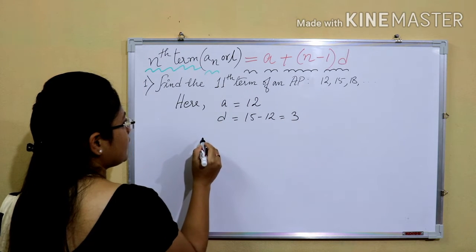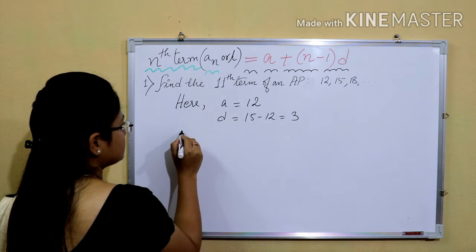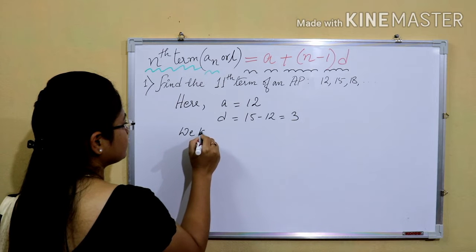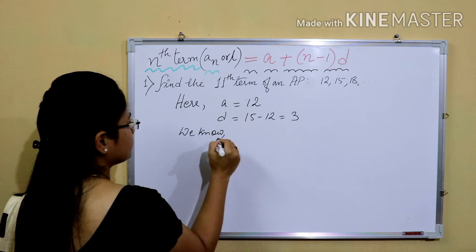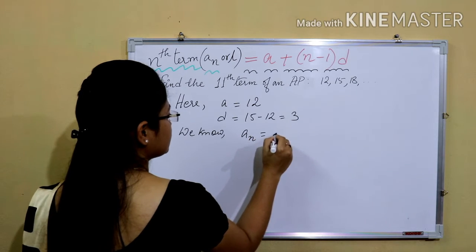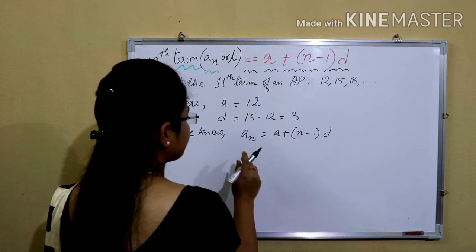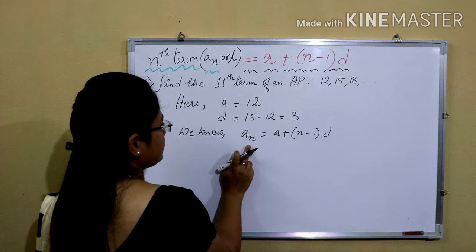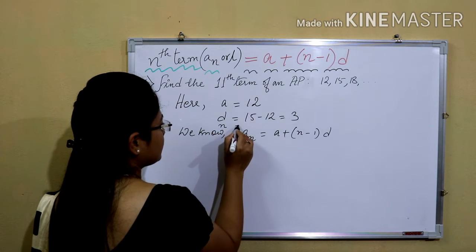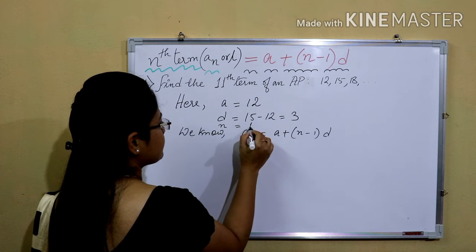We are asked to find out the 11th term. So as we know, an is equal to a plus n minus 1 d. In this case our n is given. So n in this case is 11.